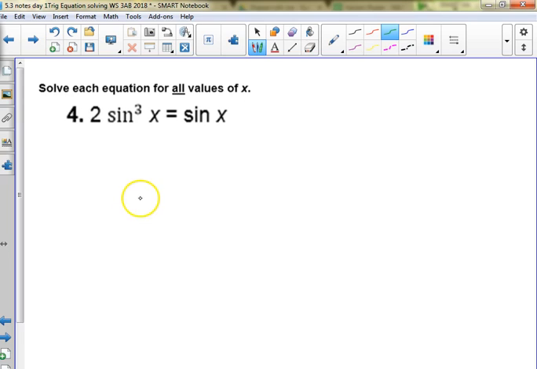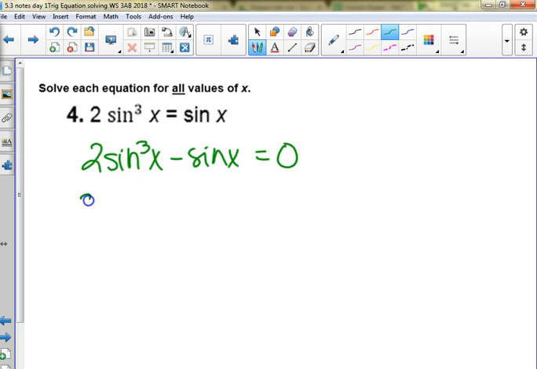All right, what do we want to do here? This is the kind we don't want to divide. Okay. So 2 sine cubed of x minus sine of x equals 0. Now what? Take out a sine and we'll have 2 sine squared minus 1.